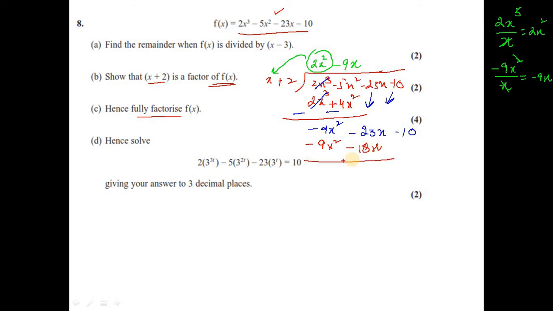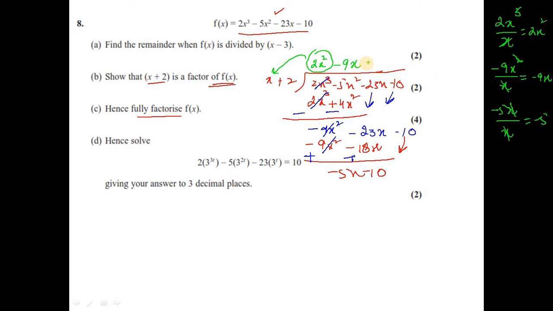and then again you change the sign, this becomes plus, they will get cancelled, and minus 23x plus 18x will give you minus 5x, and this minus 10 underneath, minus 10. Again, the first term minus 5x is divided by the first term of the divisor, x. Answer is minus 5.